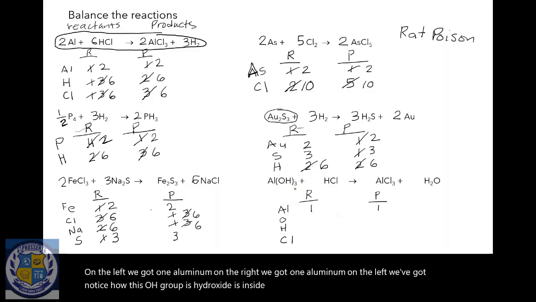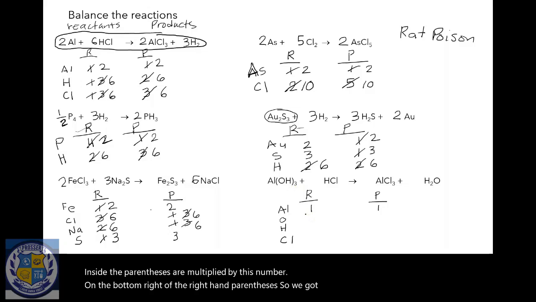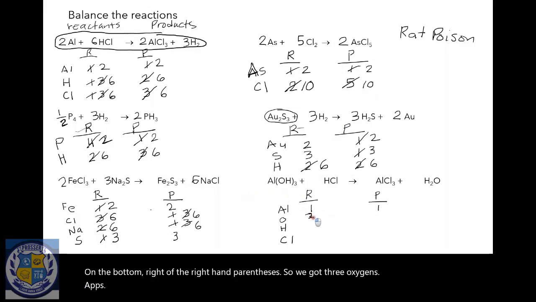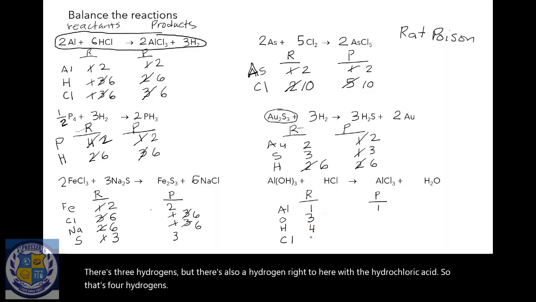So everything inside the parentheses is multiplied by this number on the bottom right of the right-hand parentheses. So we got 3 oxygens. 3 oxygens. There's 3 hydrogens, but there's also a hydrogen right here with the hydrochloric acid. So that's 4 hydrogens. And then we got 1 chlorine.